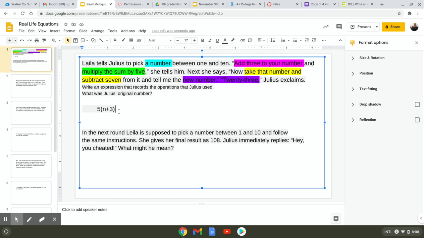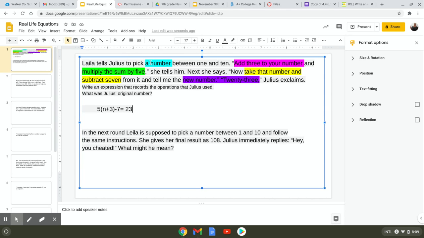Then she says to take that number and subtract 7. So whatever this is equal to, we're going to subtract 7. Now, we can find what that is equal to. So this says 5 times the sum of n plus 3, and then we're subtracting 7. And he says his new number is 23. So it's equal to 23.